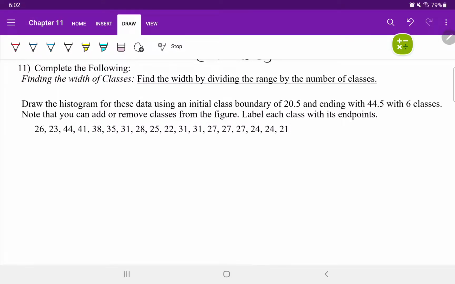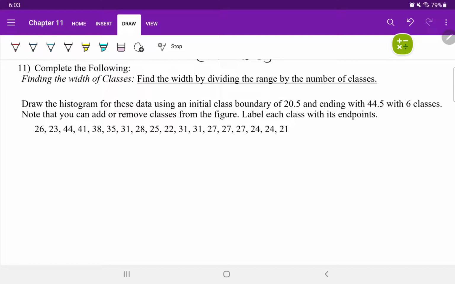For number 11, it says draw the histogram for the following data using an initial class boundary of 20.5 and ending with 44.5 with 6 classes. Note, you can add and remove classes in the figure. There's no figure, I just took this question from Alex. And you want to label each class with its endpoints.